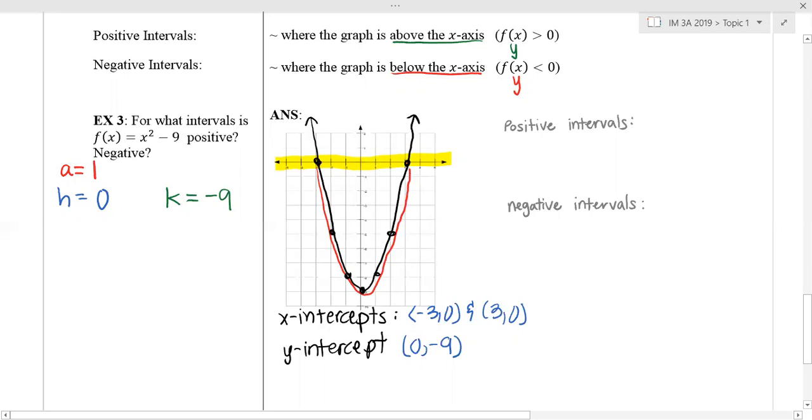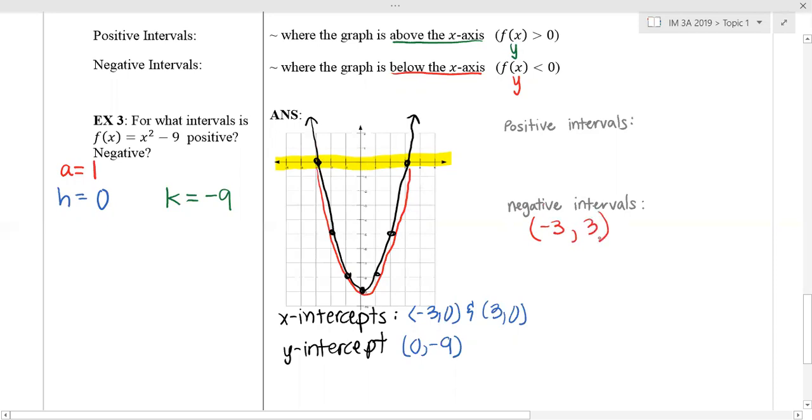And so the way that we're going to answer this is by identifying what domain values have these negative range values. Okay, so if I look at my graph, the under part starts at my x-intercept on the left, and it ends at my x-intercept on the right. So the negative interval occurs from those values. So from -3 of my domain all the way until +3 of my domain.